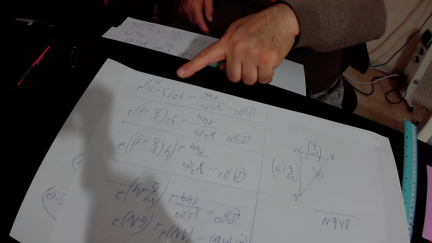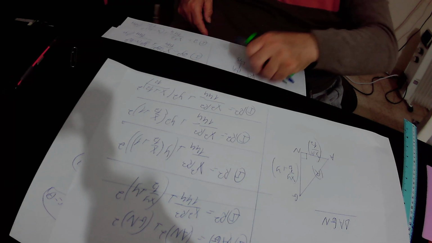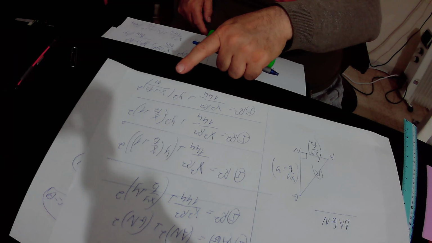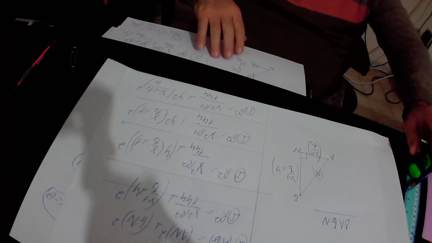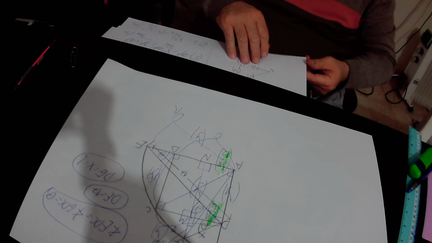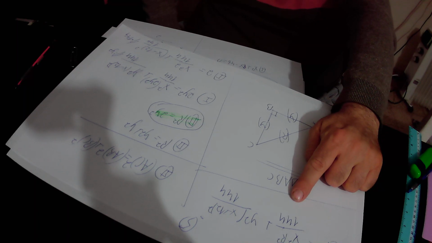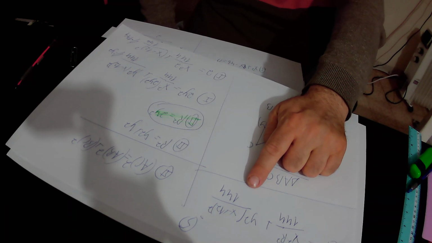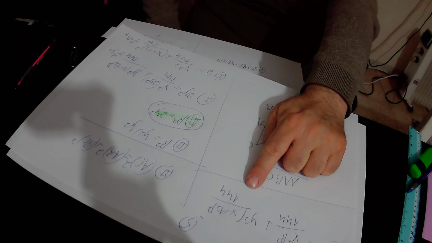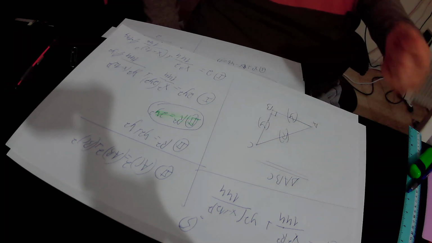Inside the brackets we have x plus 12 over 12 squared, that is equal to x plus 12 squared over 12 squared, that is 144.